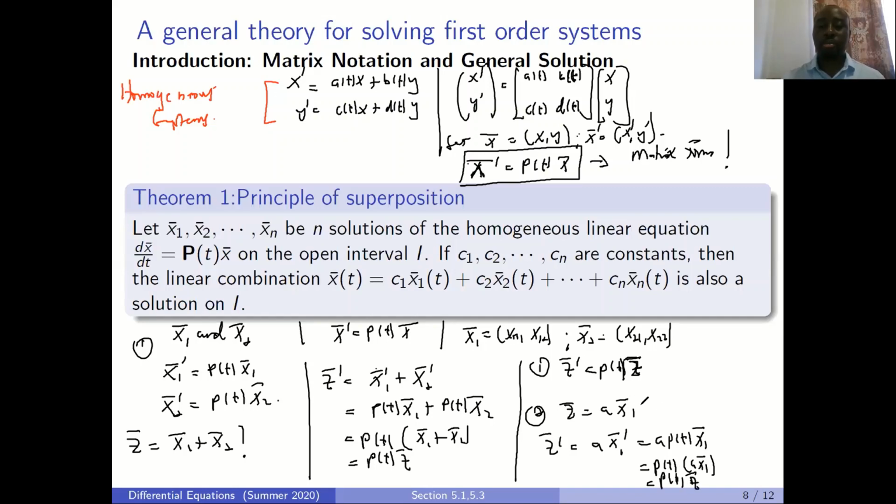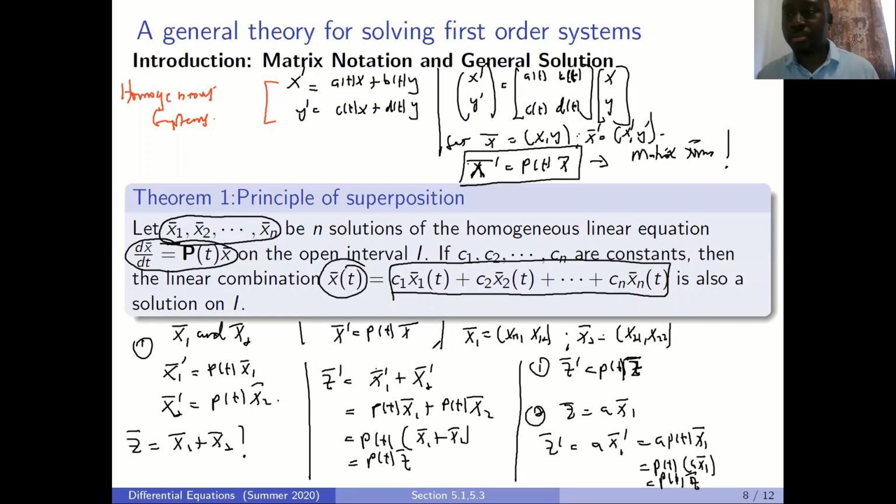So again, we verify that scalar multiplication is closed. And that implies that the principle of superposition holds for first order systems. And so we can generalize this for n solutions, to say that if we have n solutions of the homogeneous first order system, then a scalar multiple or a linear combination of these n solutions will also be a solution of the homogeneous system.